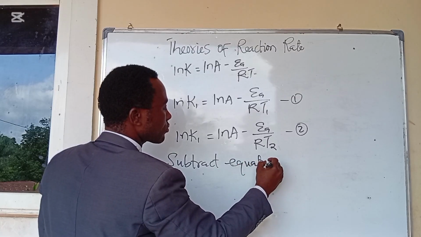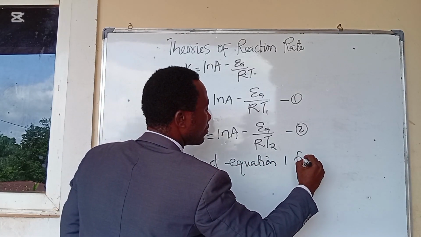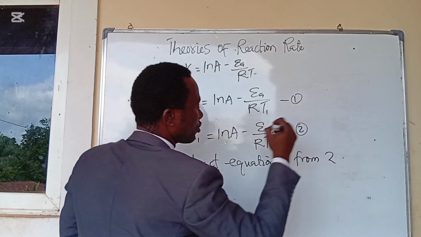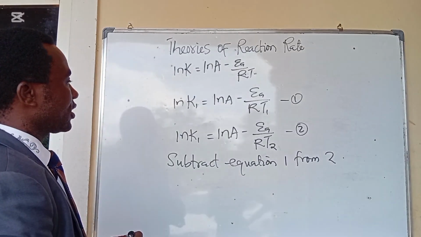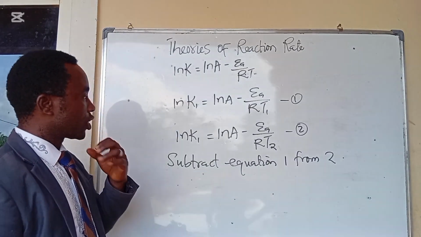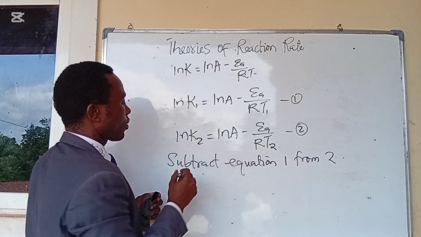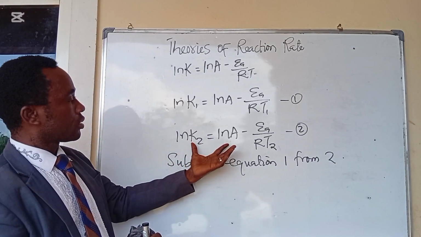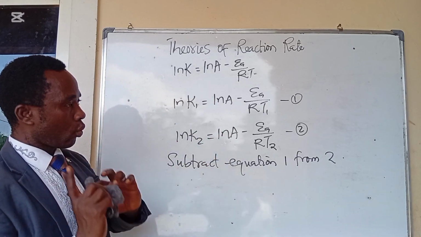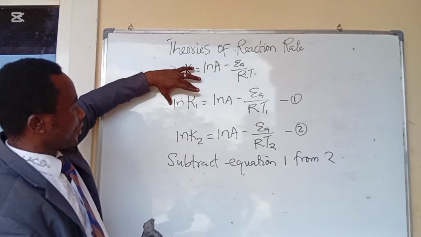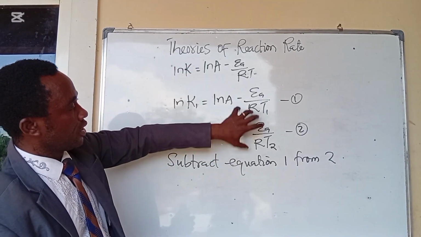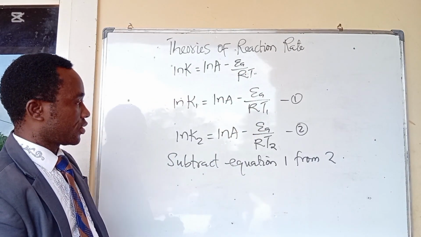equation 1 from equation 2. Let us subtract equation 1 from equation 2. It simply means, oh, this is K2. So if we are subtracting equation 1 from equation 2, this minus this will be equal to this minus this.